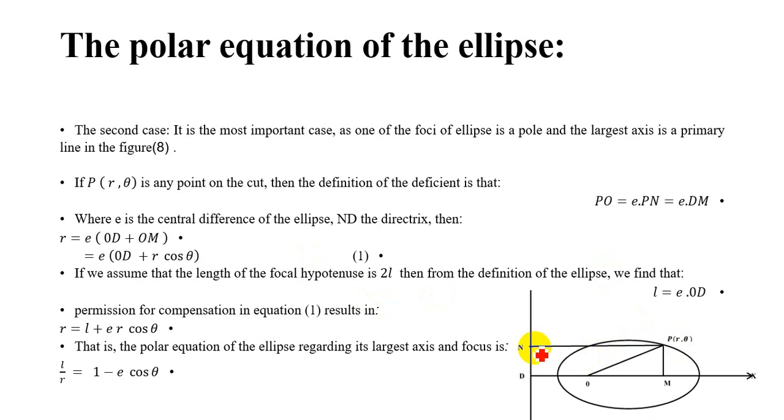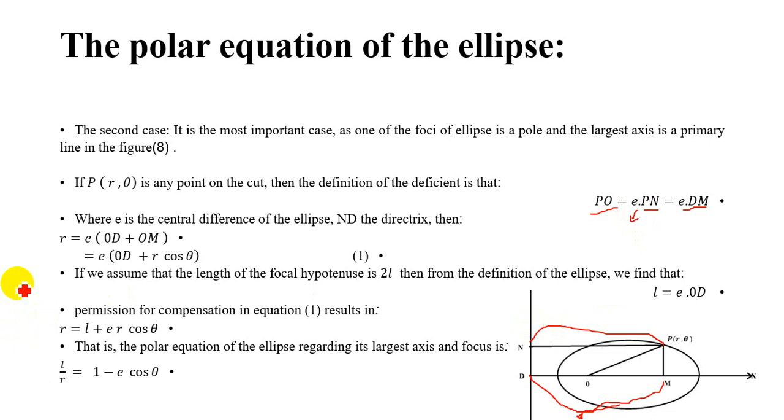Our BN there, and our BO there, and our BM there, and our DM there. If we talk about BO, that distance equals the eccentricity multiplied by BN, and the eccentricity multiplied by DM. So that one and this one is a function of e.